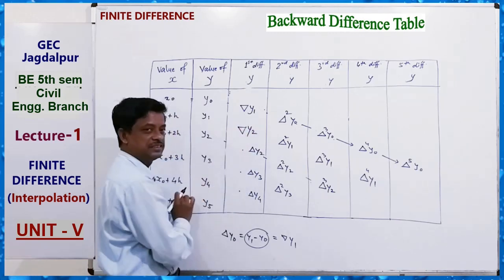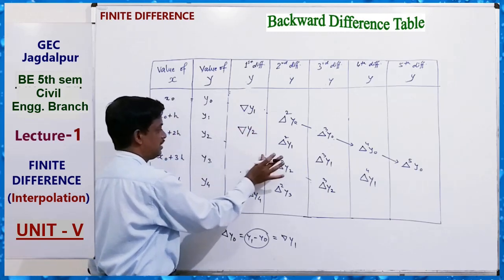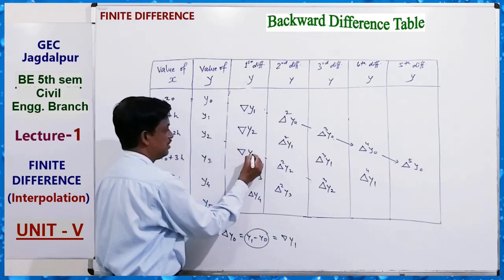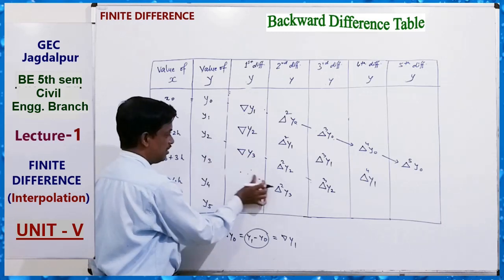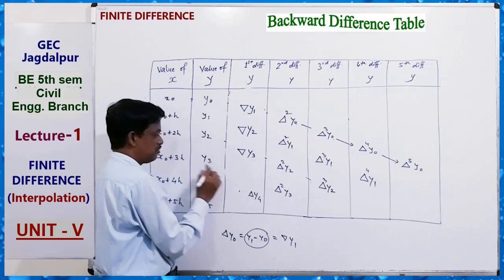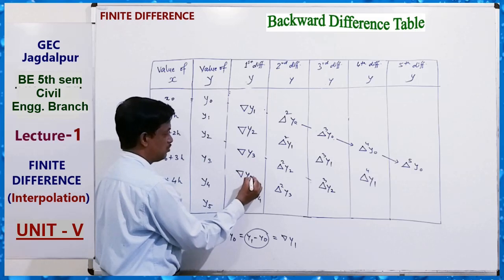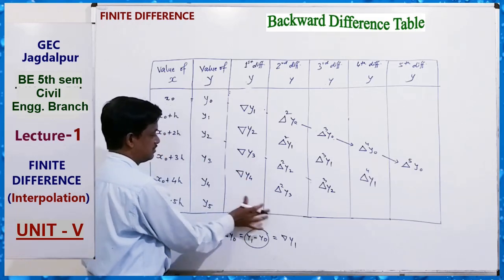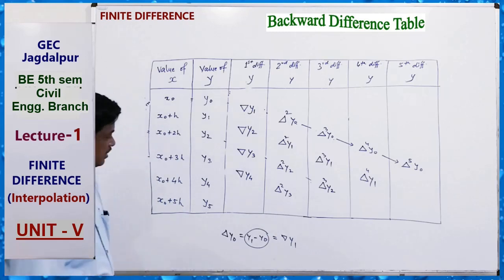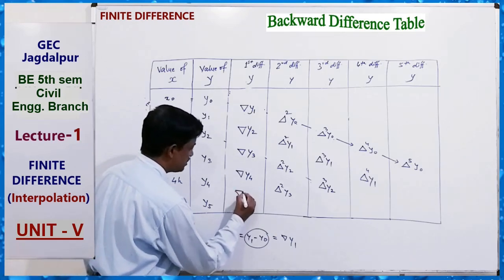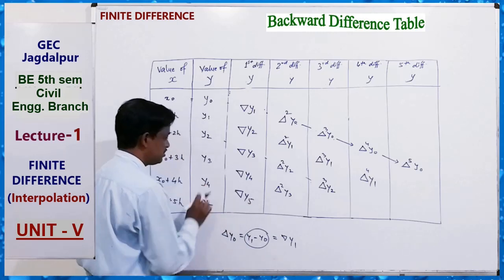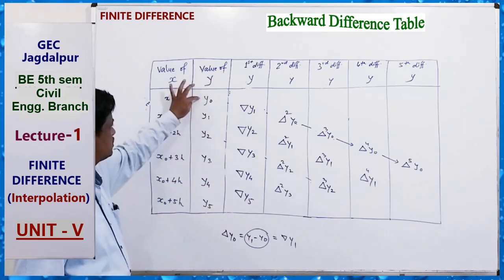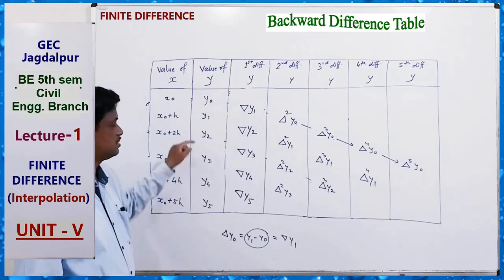Here y3 minus y2 means backward difference y3. Here y4 minus y3 means backward difference y4. Clear? Here backward difference y5 minus y4. So this is the same: this minus this, this minus this, this minus this.